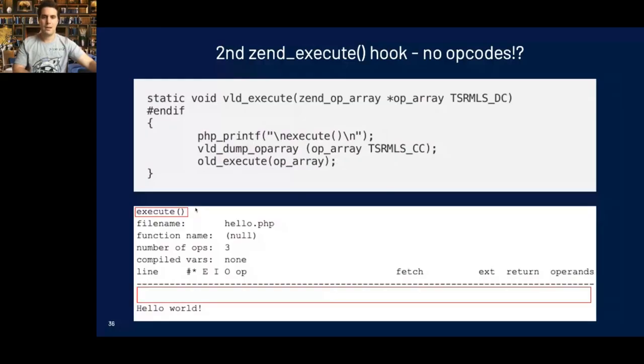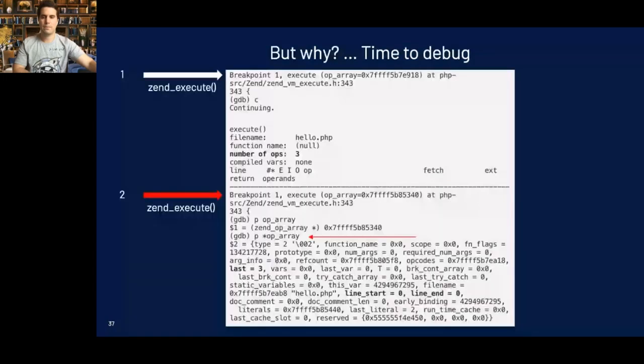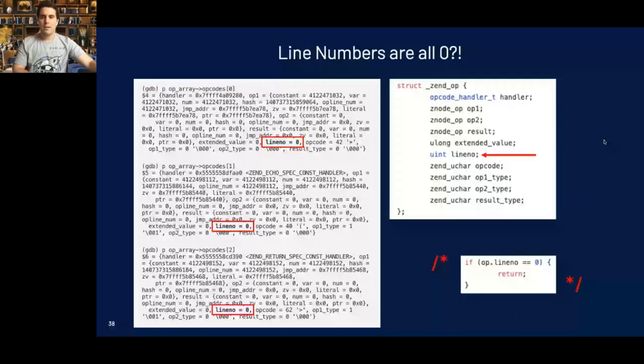Notice that the line start is 0 and the line end is 0. Interestingly enough, if you were to look at all of the instructions, they all have a line number of 0, which is kind of strange. Each of these little outputs here represents a zend_op structure. A zend_op has a handler, operands, a line number, and an opcode. So this represents an instruction.